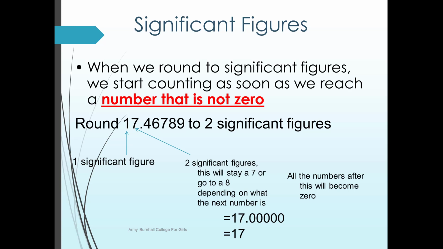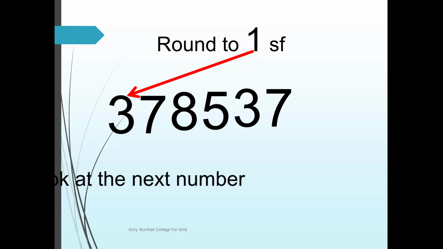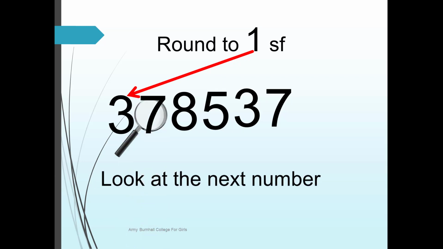Okay, so let's discuss some more examples of rounding off. Let's say we have this figure given and we have to round it off to one significant figure. How are we going to round off this number to one significant figure? See, 3 is the first significant figure, so we will round it off to just one significant figure. We will look at the next number.